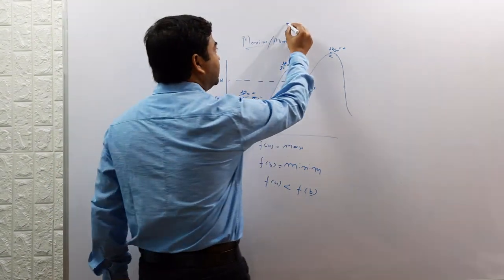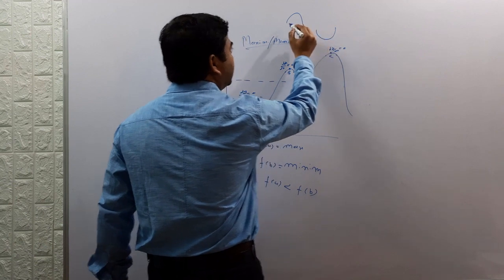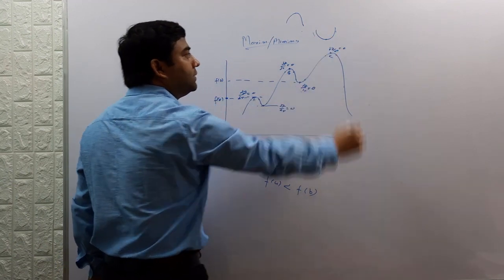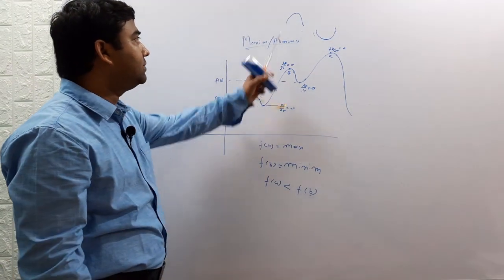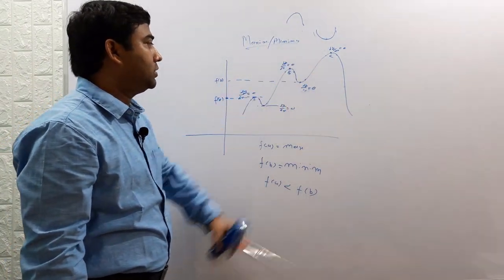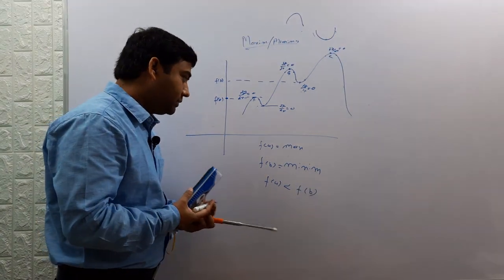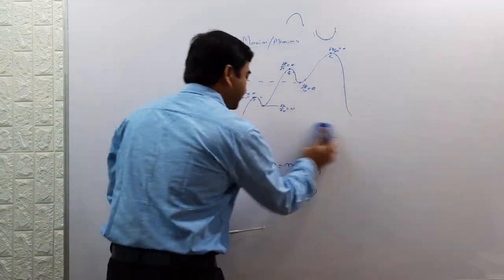They will turn either like this or like this. If they turn like this, it is a maxima. If they turn like this, it is a minima. That's it. So maxima and minima are local terminologies. This is the one point. Now, how to find maxima and minima?